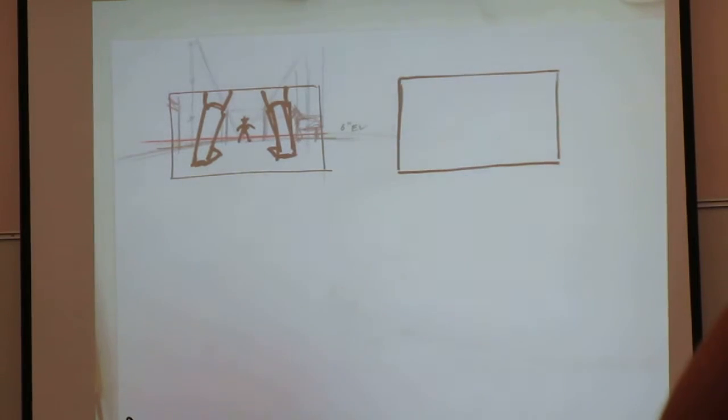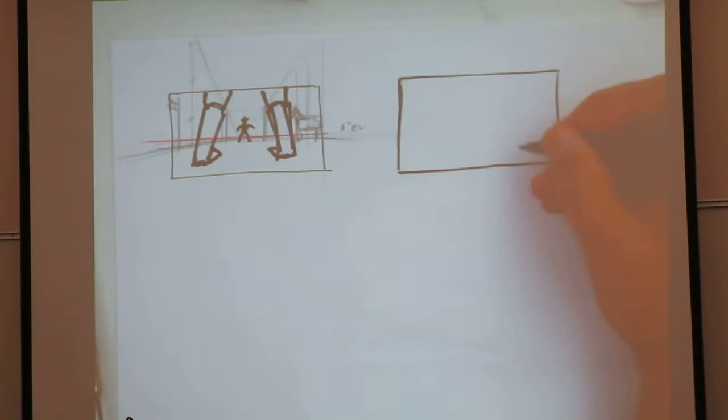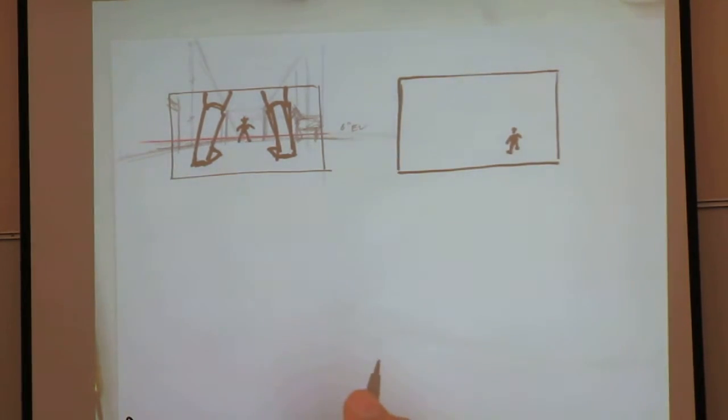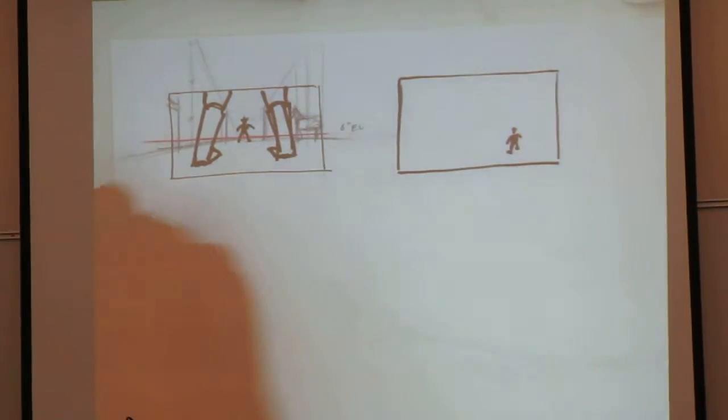Okay, now I'm going to do something different on this one. I'm going to do this. Now, why would I do that first? Because that's what I want. I'm 30 feet above him, so now I can go like this.